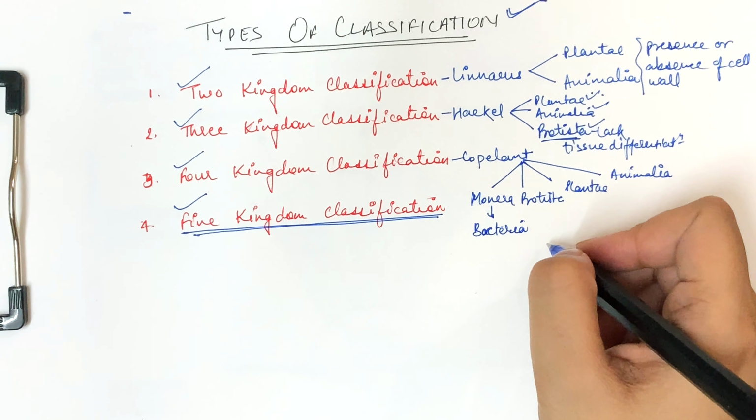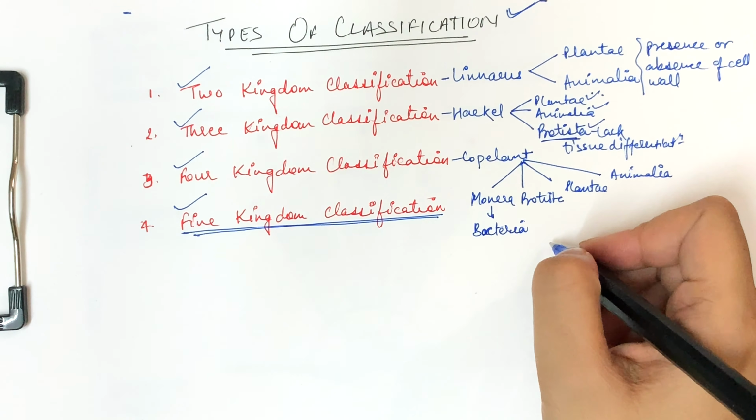This differentiation came from the fact that these organisms have a different nuclear structure. So this classification was done on the basis of different nuclear structure.